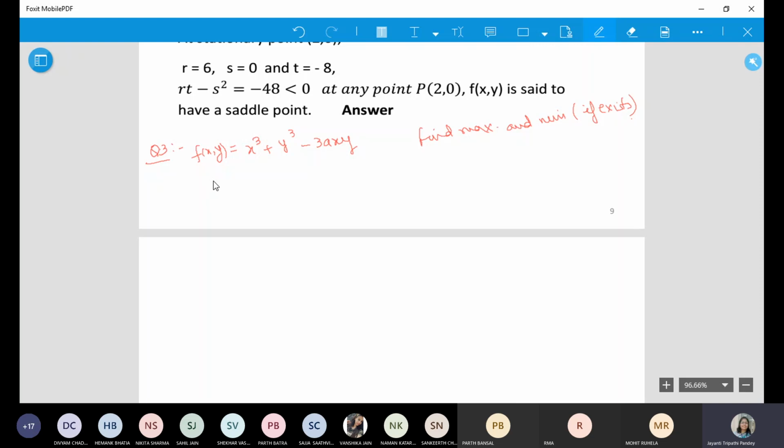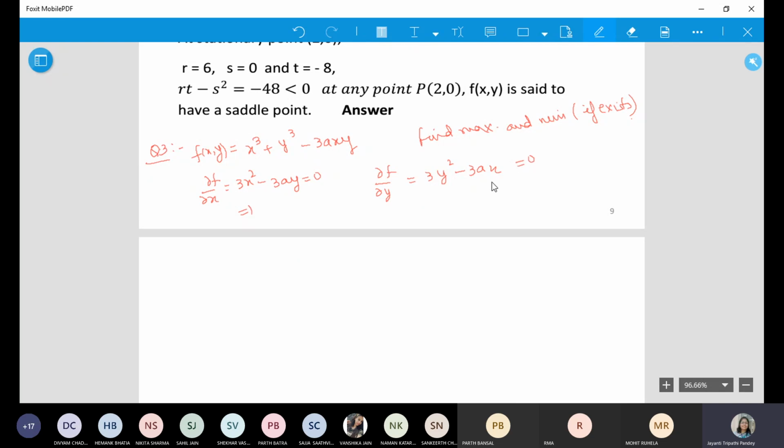Okay. So del f by del x, del f by del y. When you equate it to 0, then you get a connection.